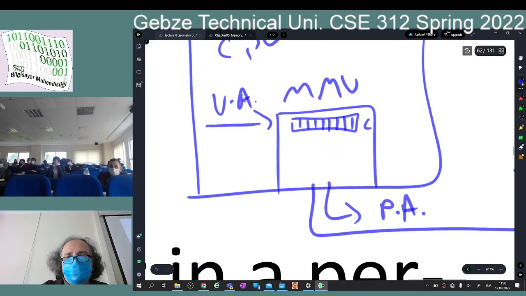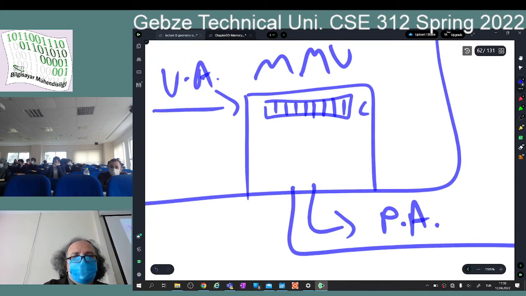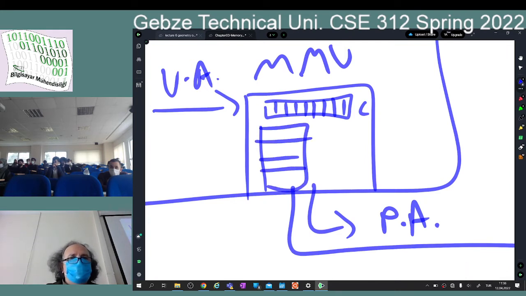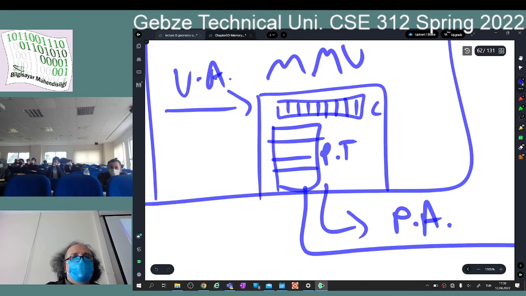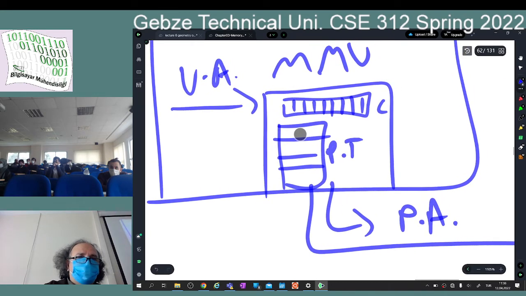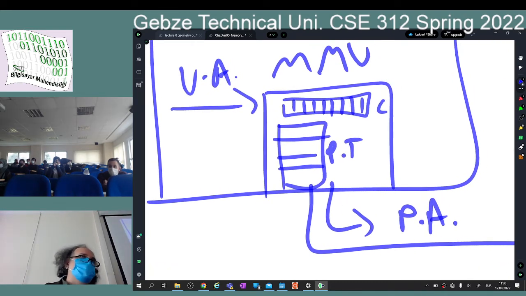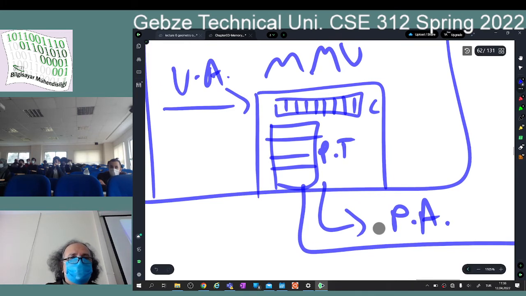If I am making a new memory reference, I will look it up from the page table, and using the offset and the page table entry, I will produce the physical address.